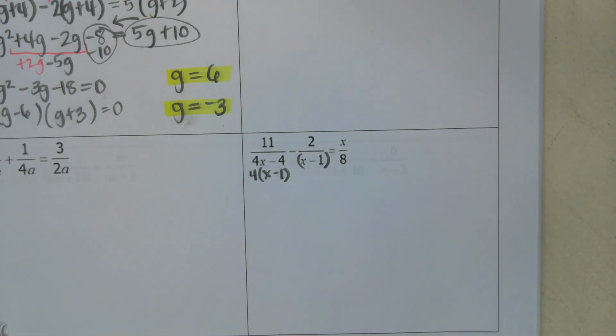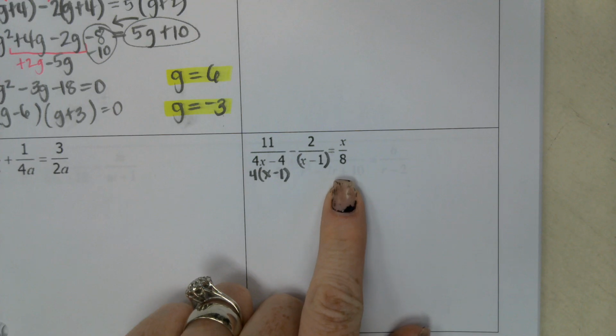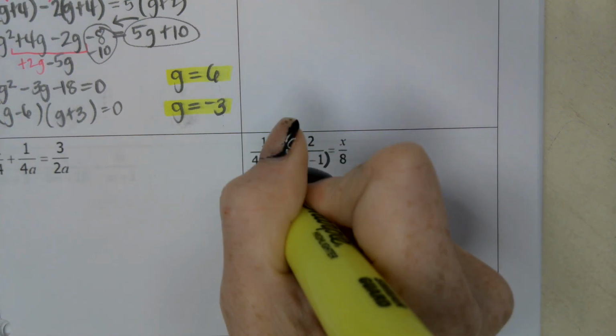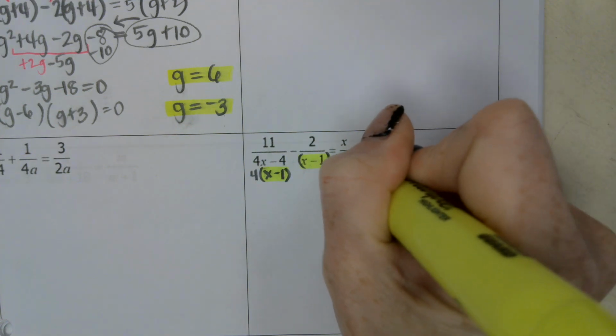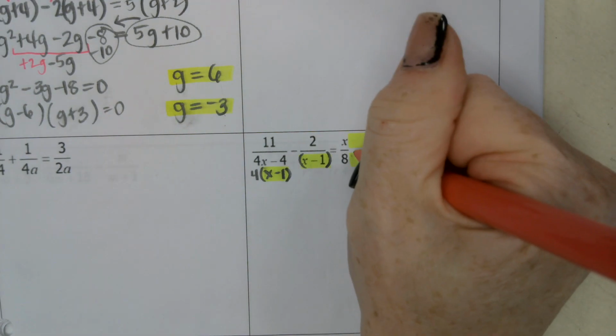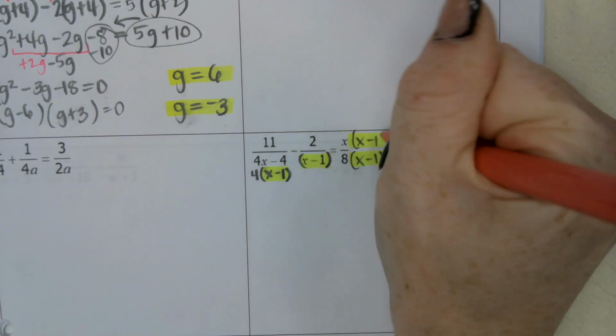I got an x minus 1, and then over here I have an 8. All right? So I've got to think of what is my denominator going to have to be. Well, if these first two fractions have an x minus 1, but this back one doesn't, that means I've got to multiply the top and the bottom by an x minus 1.